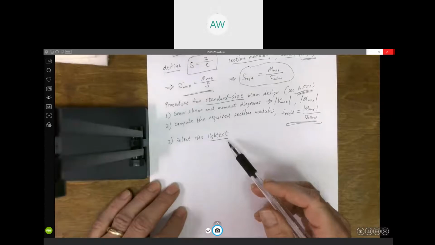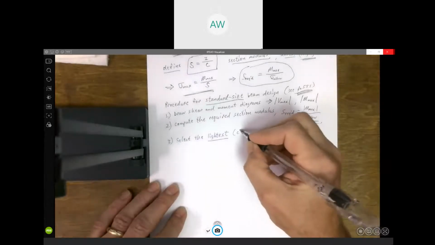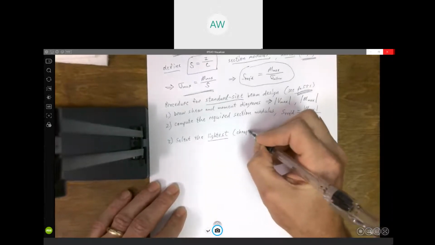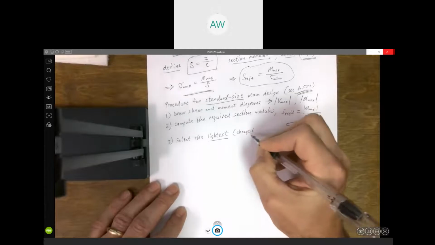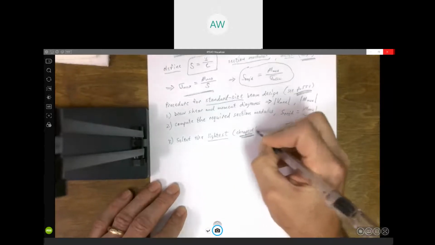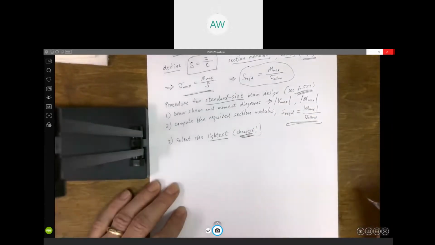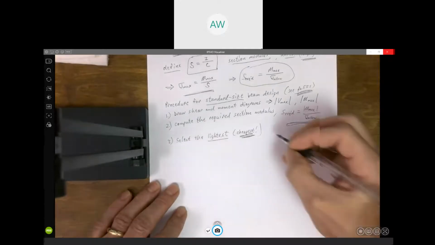But the reason we're choosing the lightest is because it is the cheapest. When you buy steel beams, basically you're paying for the steel. So the lighter the beam, the cheaper the beam.